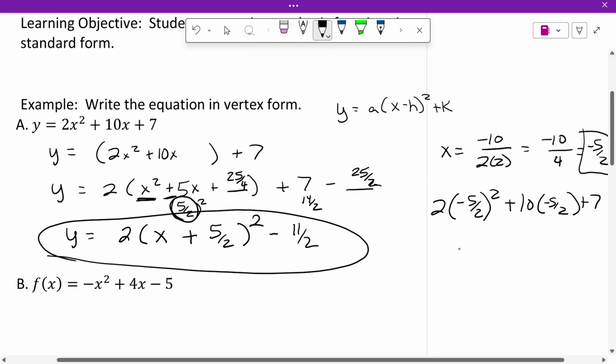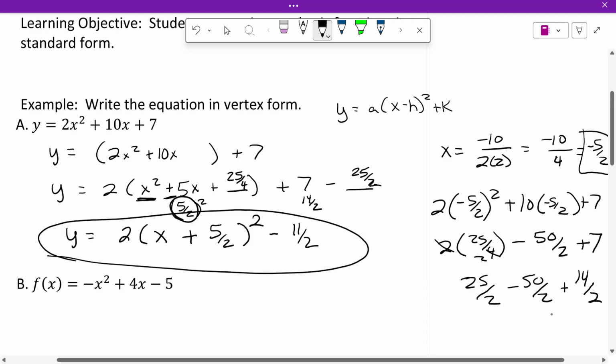If we add all that up, we get 2 times 25 fourths minus 50 over 2 plus 7, which is 25 halves, minus 50 halves plus 14 halves, which is negative 25 halves plus 14 halves, which is negative 11 halves.